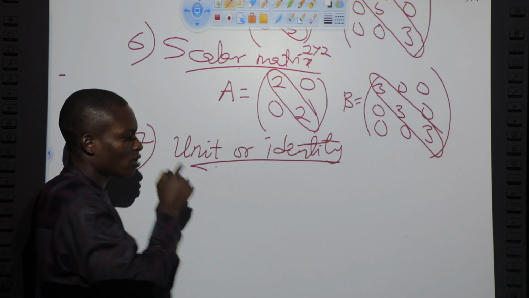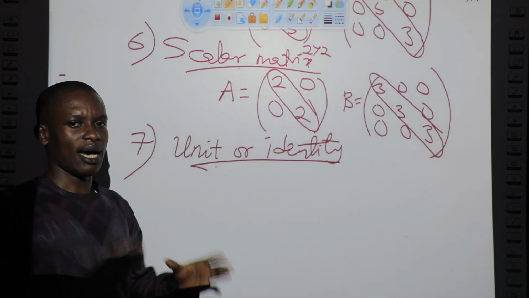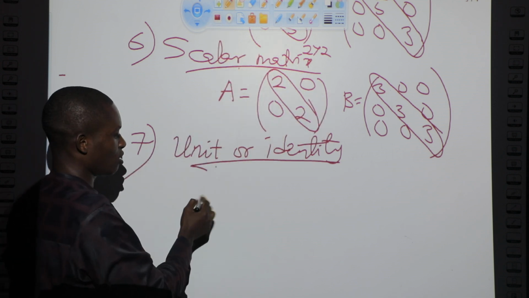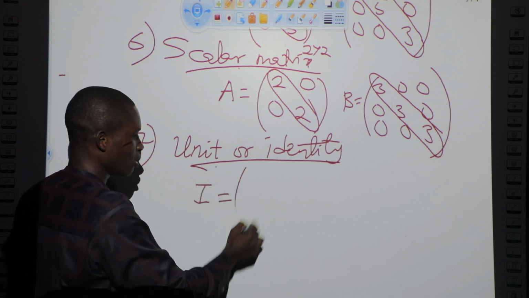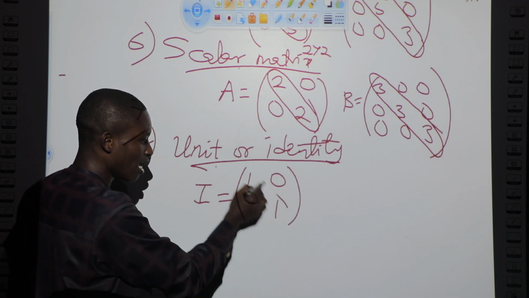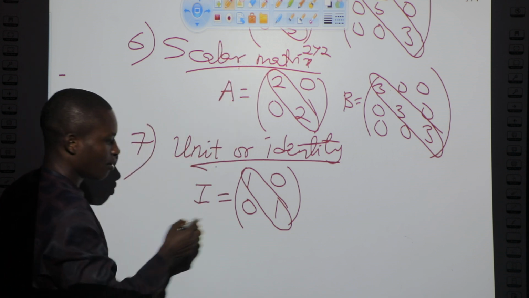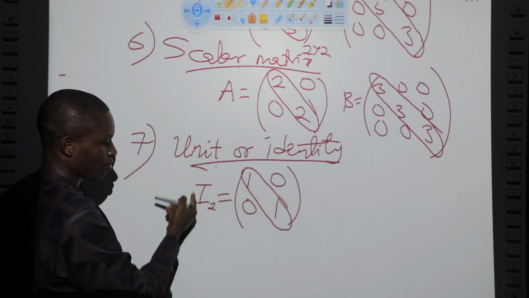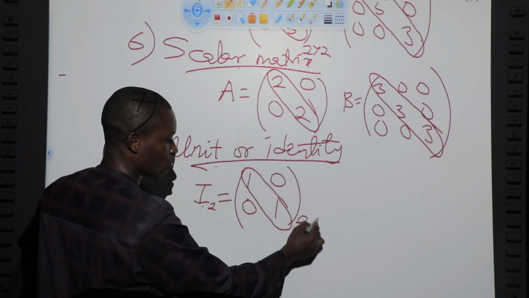One thing about this unit matrix is that you denote it with capital letter I, unlike the scalar, where you can use any alphabet. So in this unit matrix, you have I equal to 1, 0, 0, 1. You can see the main diagonal elements are 1, unlike the scalar. Since it's 2 by 2, this is identity matrix of order 2.